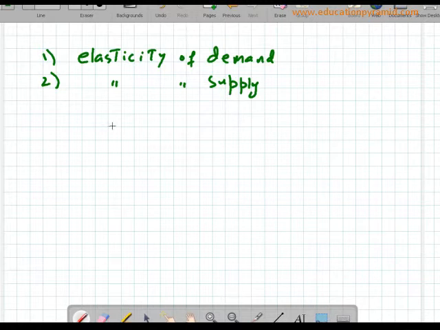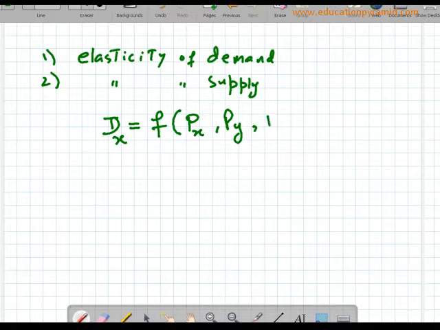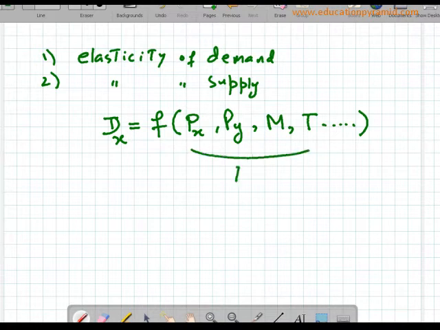For example, the factors of demand can be: the demand is a function of price of the commodity, if it is X commodity, then price of X commodity; prices of the related commodities, meaning other commodities; income of the consumer; and taste and preference of the consumer; and there are many other factors that we can bring into the discussion. So these are called factors or independent variables, and this is called dependent variable, quantity demanded.